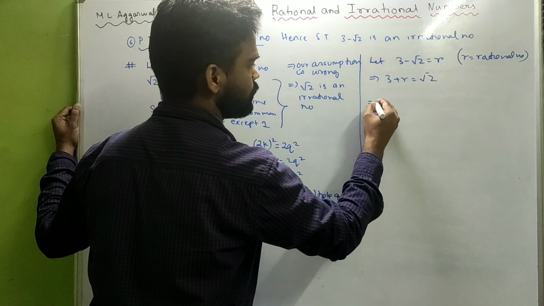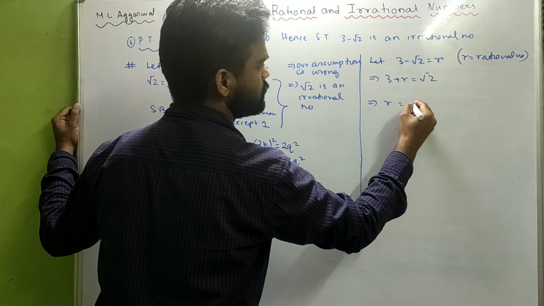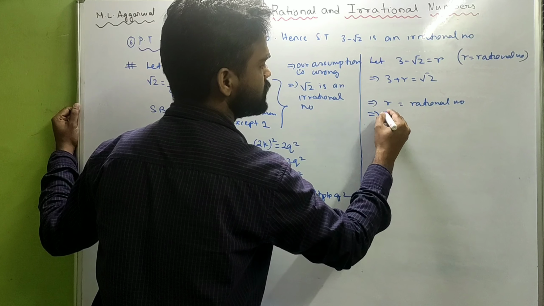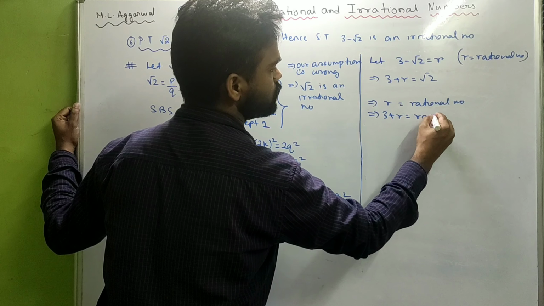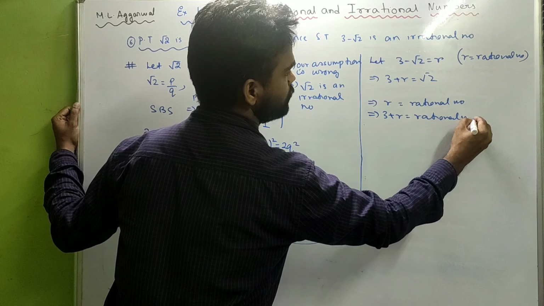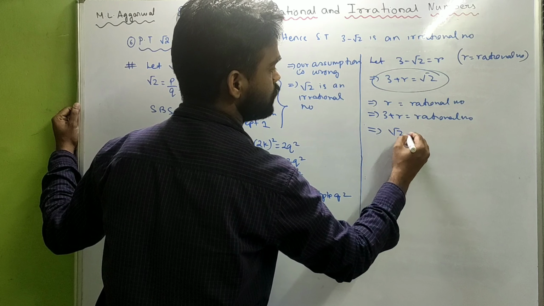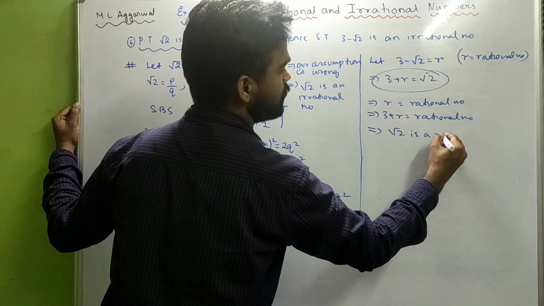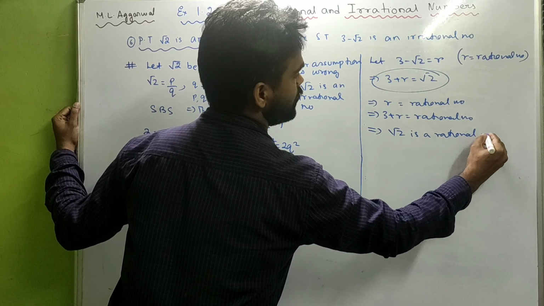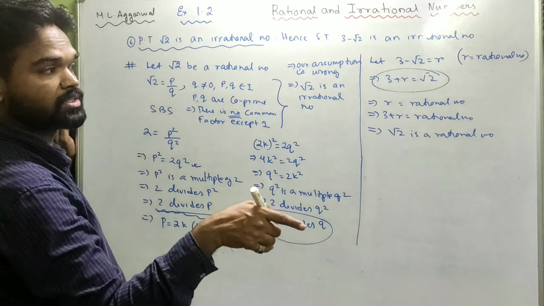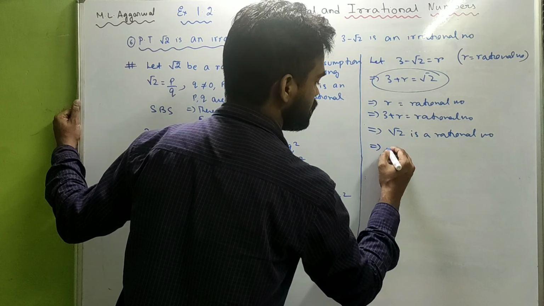Now look carefully. r is a rational number we have taken, which means 3 plus r is also a rational number, which means according to this statement root 2 is a rational number, which contradicts our statement because we already know root 2 is an irrational number.